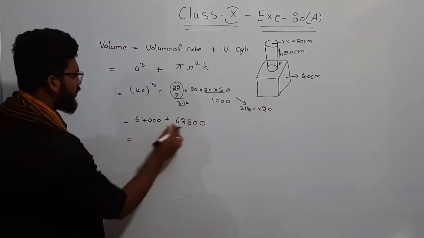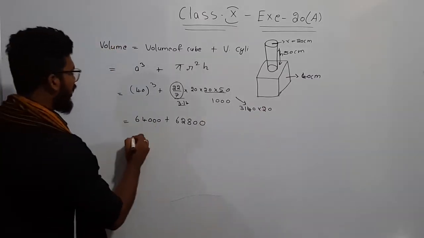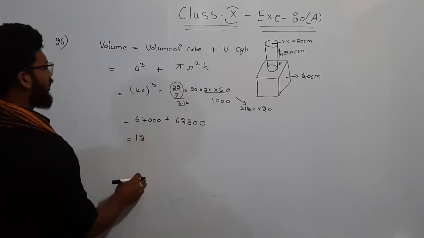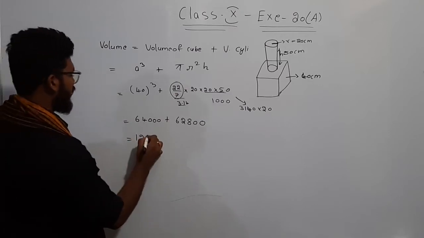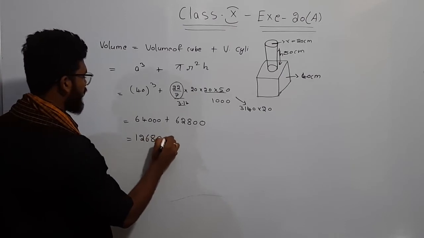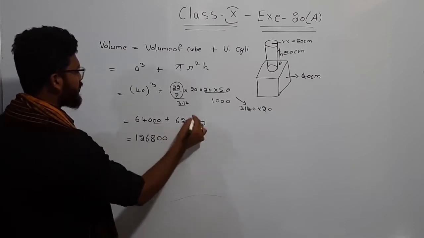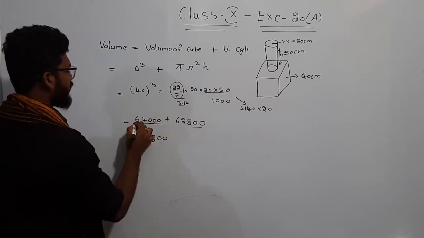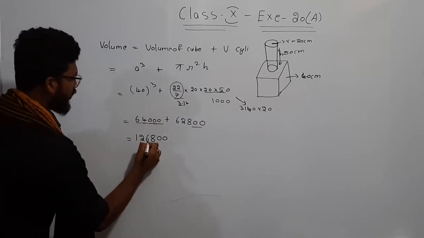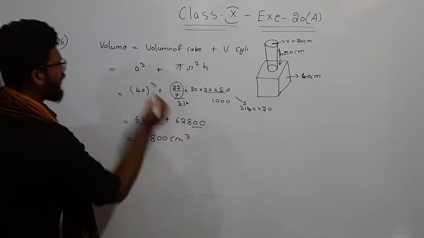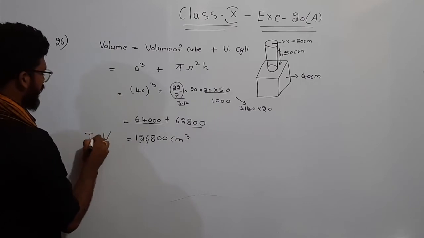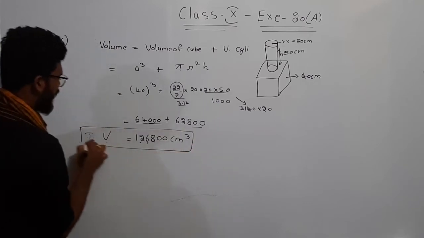So 62,800 plus 64,000. How much is it? 1,26,800, right? So centimeter cube. Why? It is volume. Therefore, the total volume of the solid is this one.